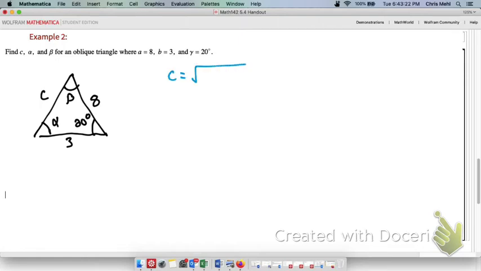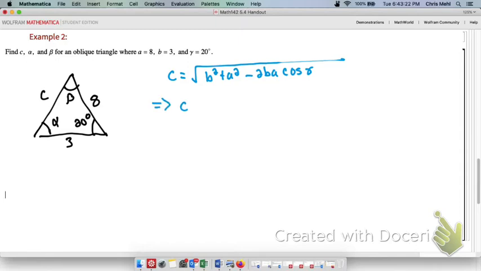C is the square root of B squared plus A squared minus 2BA, or AB, it doesn't really matter, times cosine of the angle between them, which would be gamma. By them, I mean gamma is between the sides of lengths A and B.